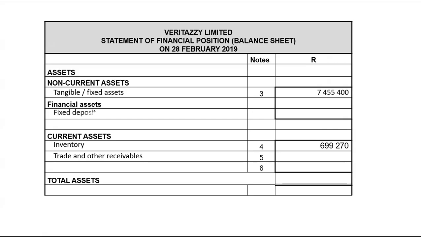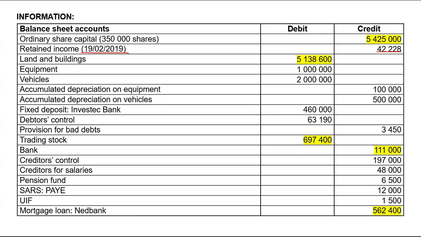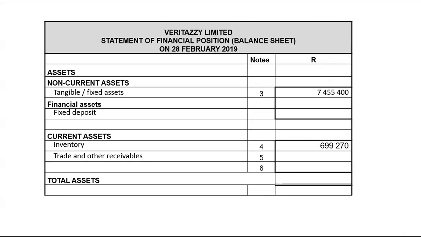If we had a fixed deposit, we'll put it under non-current assets. Let's check if we have it. Invest tech, which was 460. Oh, yes, we do. So we'll put that under tangible assets, which is 460, added with tangible assets or fixed assets at carrying value.